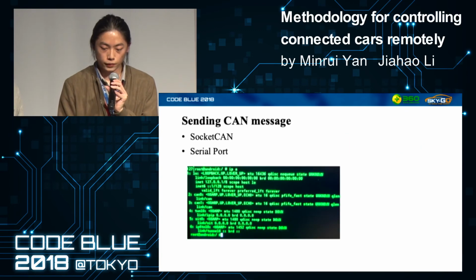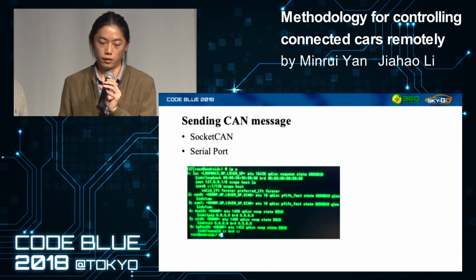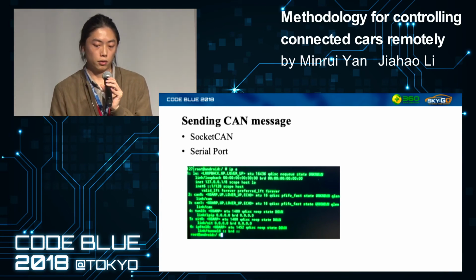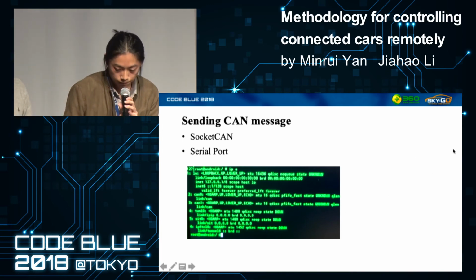You can see, in some IVI, we have access to send a raw message to the CAN bus. It's not UART data, it's a raw message. Different cars have different ways. For example, the T-Box uses socket CAN and the serial port in CAN 0 and CAN 1.